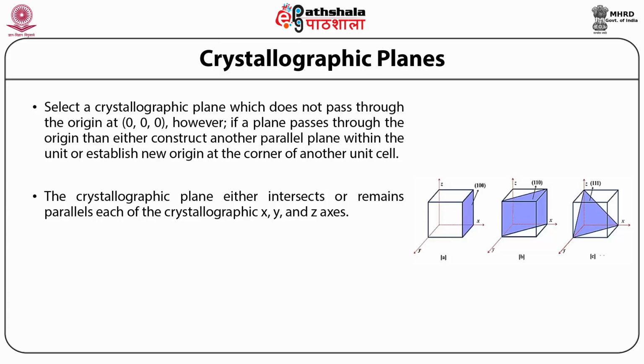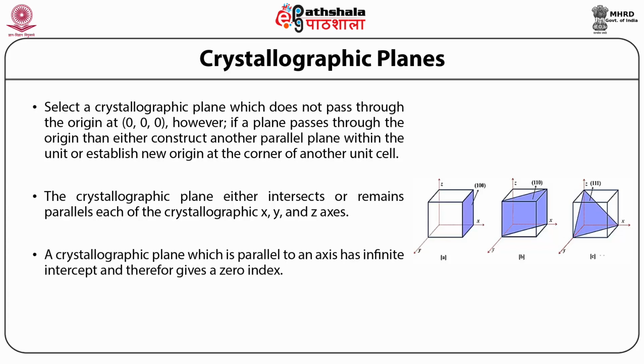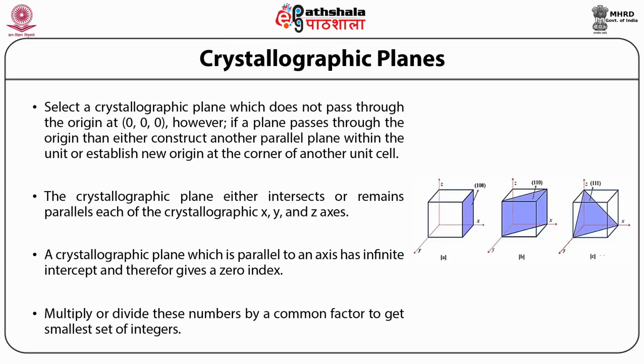Next, take the reciprocal of these intercepts. A crystallographic plane which is parallel to an axis has infinite intercept and therefore gives a zero index. Lastly, multiply or divide these numbers by a common factor to get the smallest set of integers.